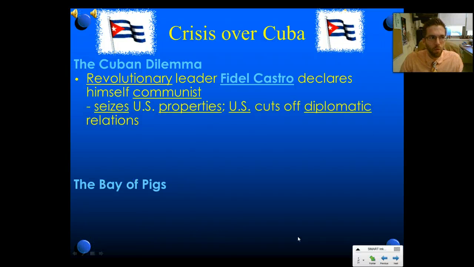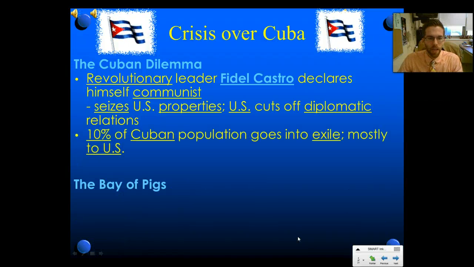Okay, well, when they do this, they seize U.S. properties, they cut off diplomatic or foreign relations with the United States. 10% of the Cuban population goes into exile. Okay, they flee. They're like, I don't want to be communist. I'm getting out of here. Most of these exiles go to the United States, particularly southern Florida. All right, I mean, Miami today has a very strong, vibrant, large Cuban population because of this.